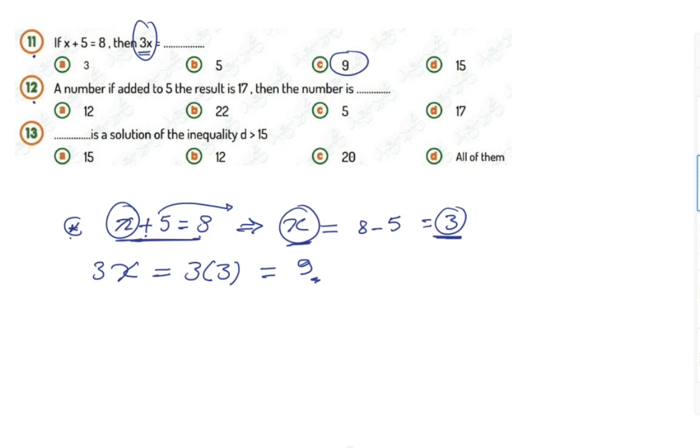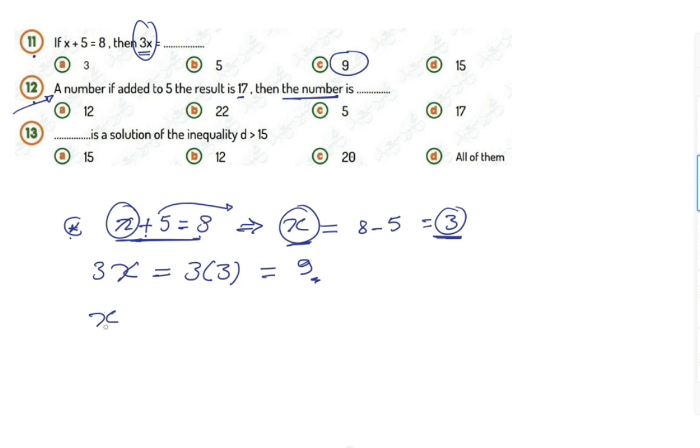A number added to 5, the result is 17. Then the number is blank. Look with me. This is an equation but written as words. A number, just a number, it may be like x.